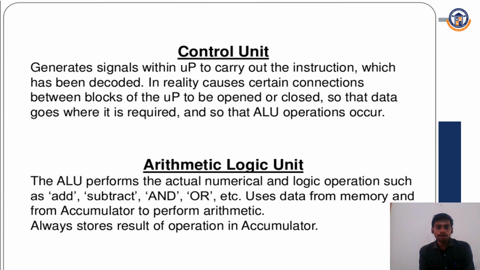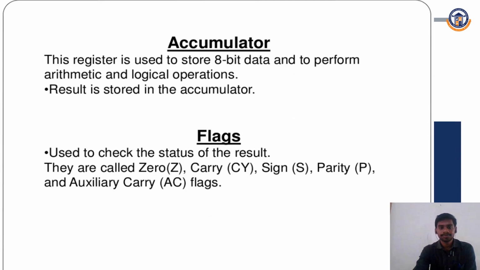As said before, ALU performs actual numerical and logic operations such as add, subtract, AND, OR, etc. It uses data from memory and from the accumulator. Accumulator is a kind of storage register to perform arithmetic. It always stores the result of the operation. All the arithmetic logic unit operations are stored in the accumulator alone.